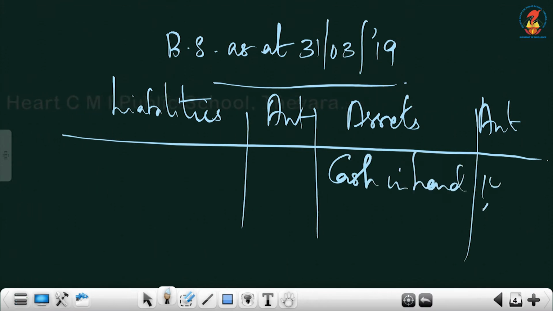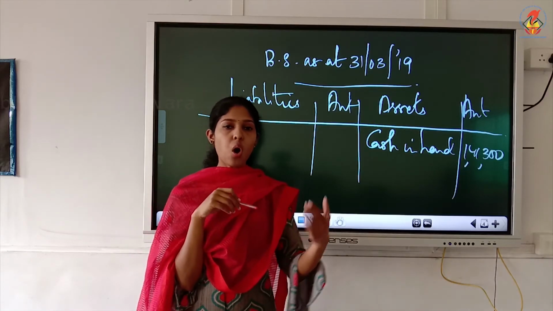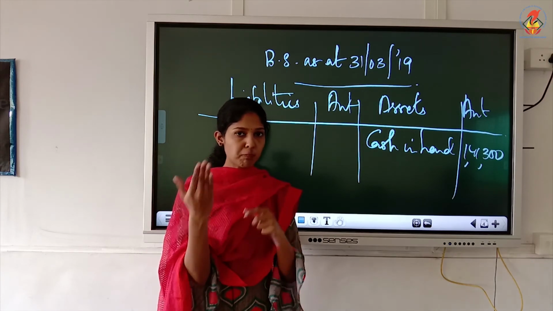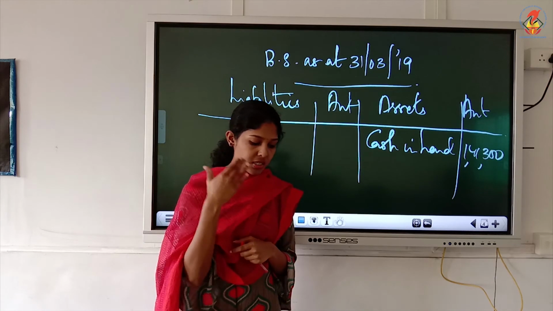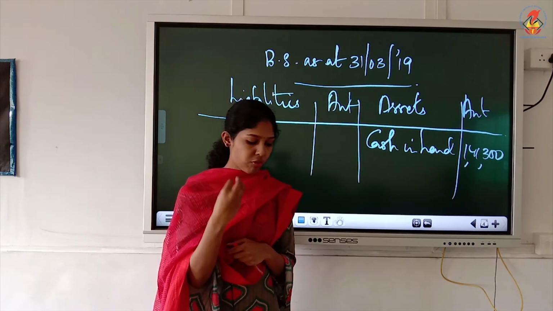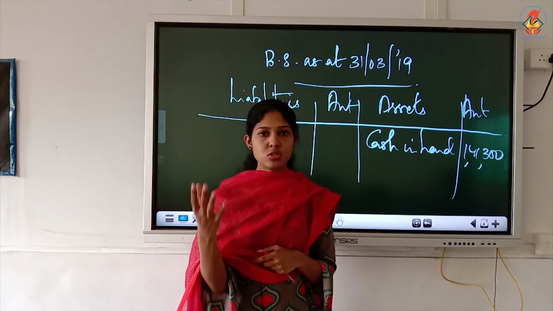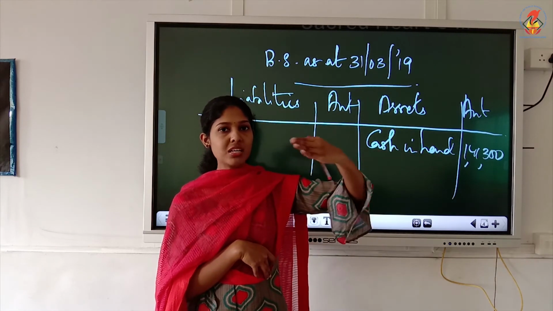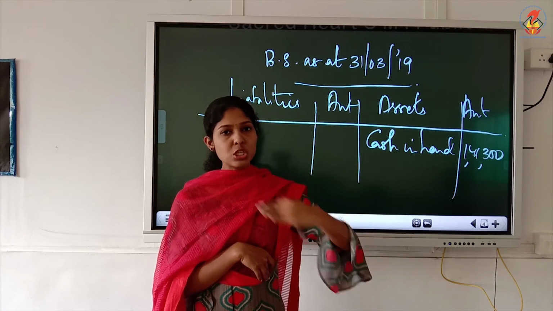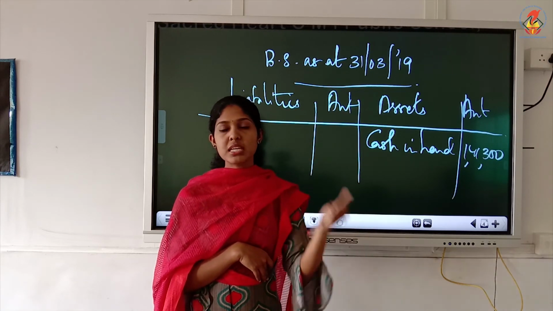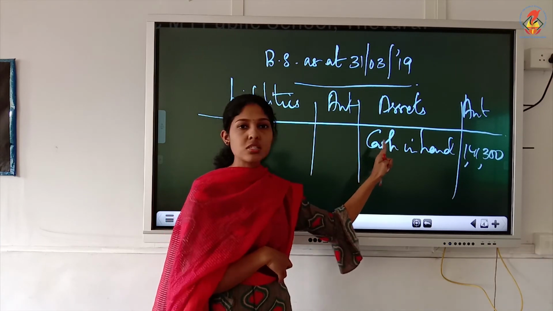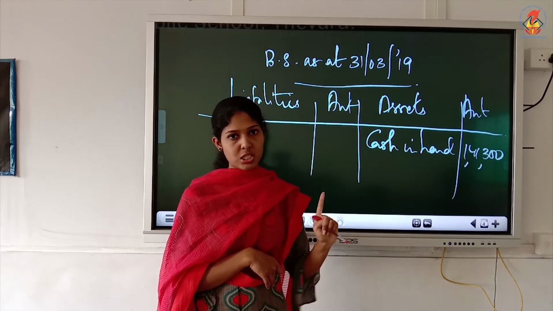Only that figure will be taken from the receipts and payments, because all other figures are received or paid during the year, because this is the account we are preparing for 31st March 2020. So only this cash in hand is the opening balance. All other figures we have to take as happened during the year. So these will be taken only in the closing balance sheet. In the opening balance sheet, what you have to take is only this opening balance of cash from the receipts and payments.